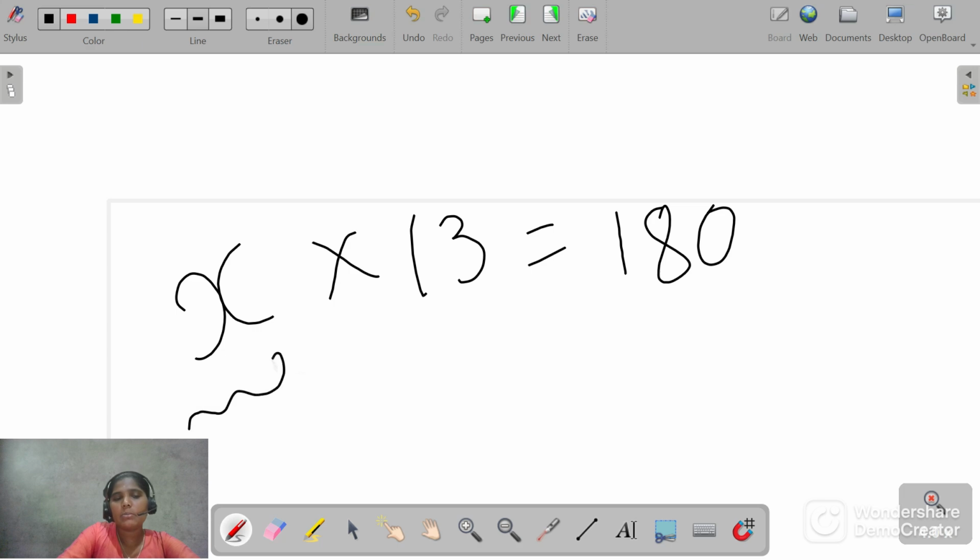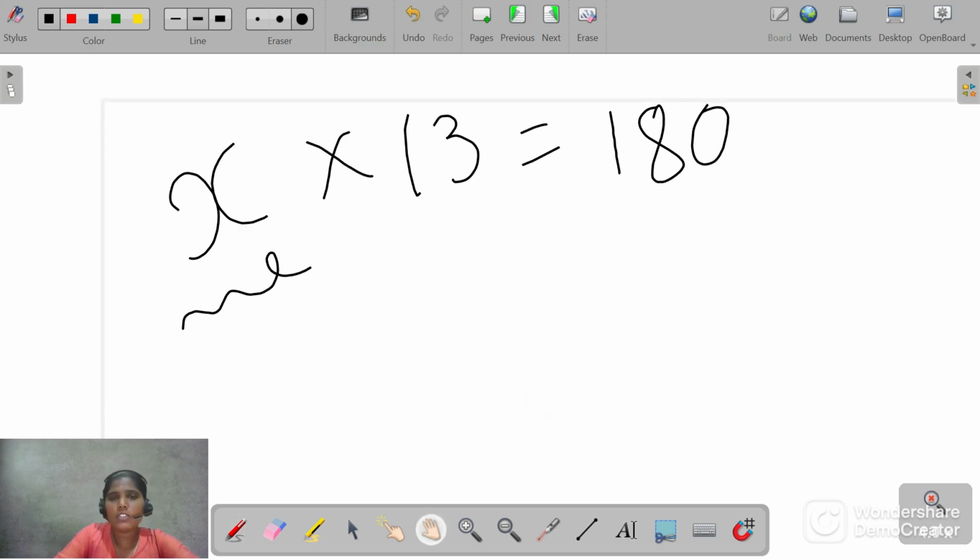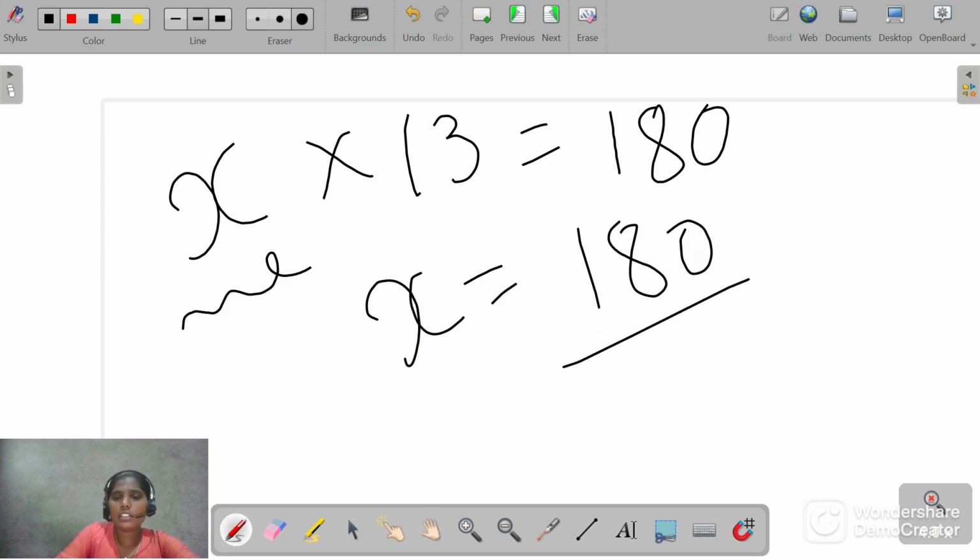For solving this, this is in multiplication form, right? So we have to make it in division form. So x will be 180 by 13. We'll solve this division.